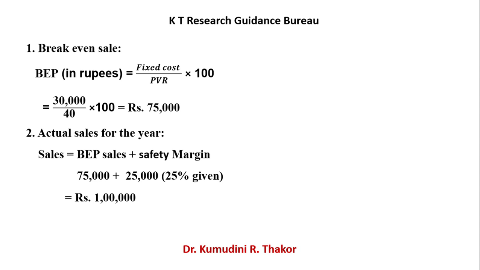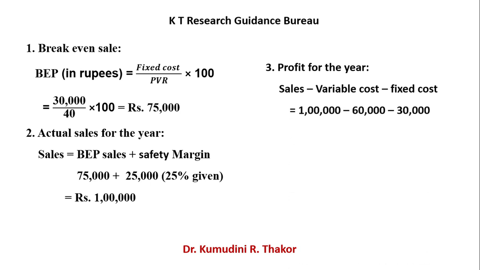Third one is profit for the year. Let's try to understand profit for the year. Now sales is given. Variable cost you know. And fixed cost also you know. So orally also you can find out. Profit is sales minus variable cost minus fixed cost. Sales is 1 lakh, variable cost is 60,000 because your PV ratio is 40%.